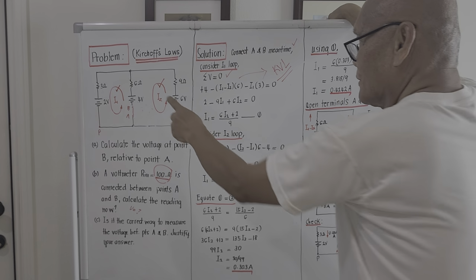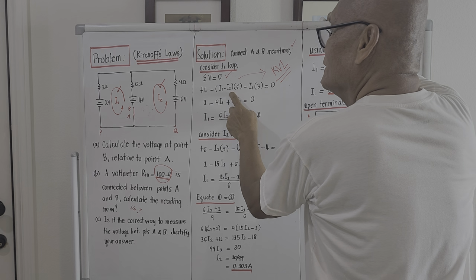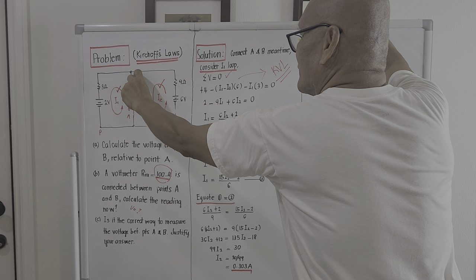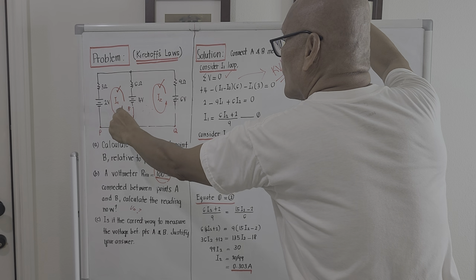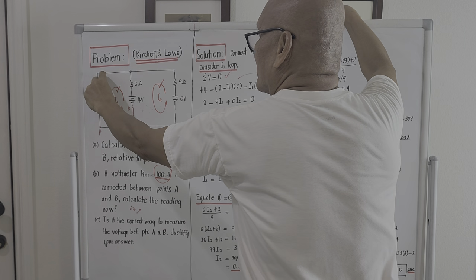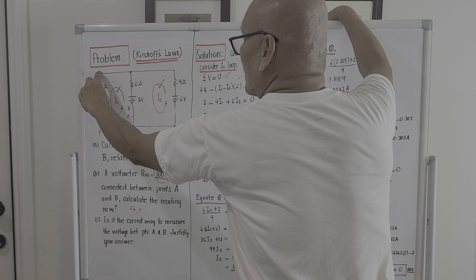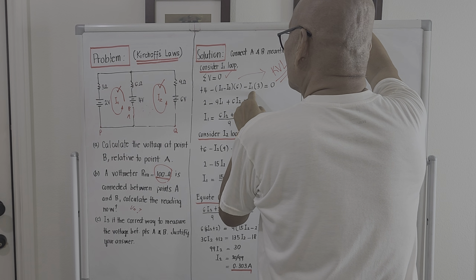So the current passing through the 6 ohm will be the difference I1 minus I2. That's the voltage drop across this. There are two currents passing here. It's the difference between I1 and I2. And the voltage drop across here will be the current passing through the 3 ohm, which is I1, multiplied by 3.